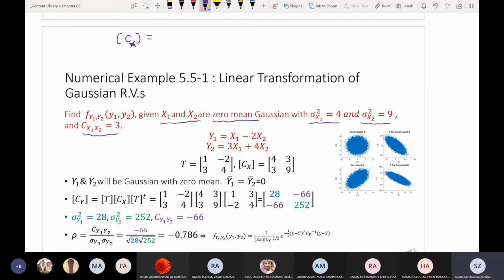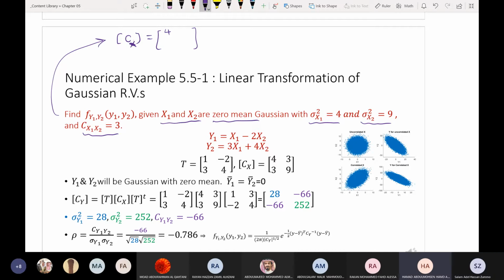From the given, what does the matrix look like? At first it will be 4 for X1, then the diagonal. Let's start with the diagonal first.